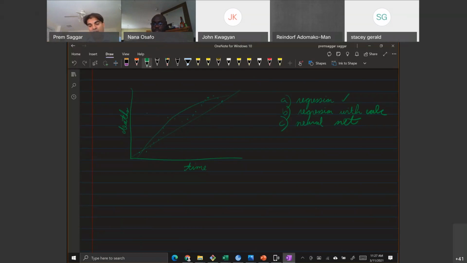And let me also add something in here: under A, there's A.1, and this is polynomial. And the other way you can do this, let's say A.2, is choose an equation.